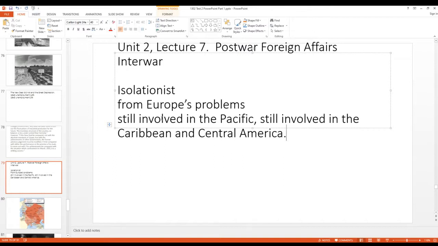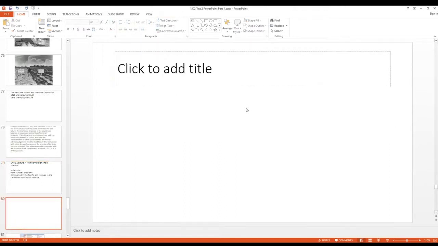So we're still going to be mucking about in the Pacific, the Caribbean and Central America, but we will be largely isolating ourselves from Europe's problems. And as those problems get worse in the 20s and 30s, we will become further and further isolated from them.